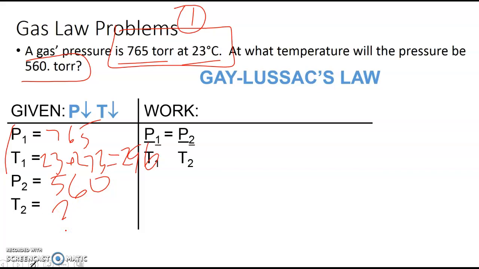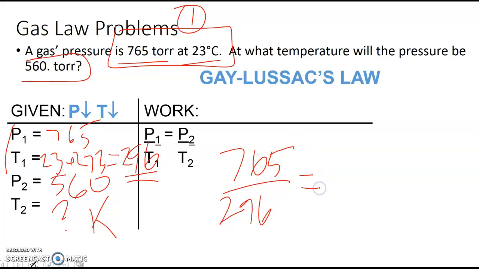The nice thing about this T2 is that it's going to come out of the equation in Kelvin, because 296 right here is Kelvin. So you don't have to convert it again. It's already converted for you because of the relationships going on here. So we put 765 up here for P1, our T1 would be 296, and that's going to equal 560 torr divided by T2.